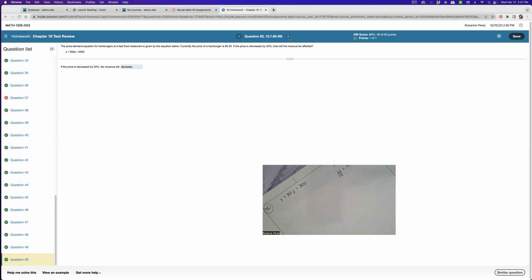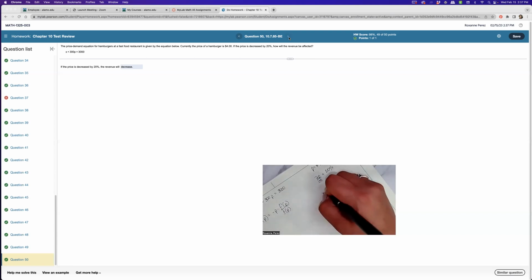Okay. So the first thing we need to do is calculate our relative elasticity of demand. I need to calculate E of P, which is equal to negative P times F prime of P over F of P. In order to find F of P, I need to solve for X. So I'm going to do that off to the side.